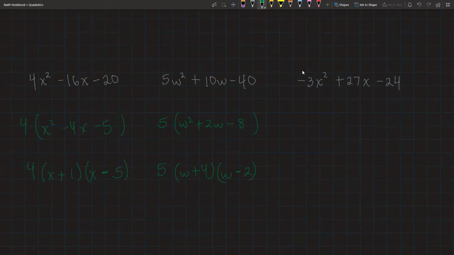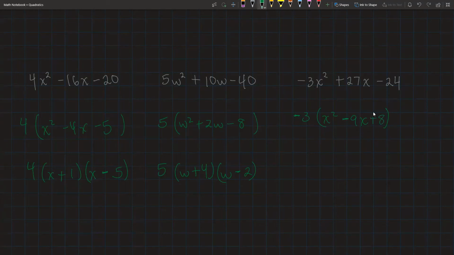And last one, and again, notice this negative. Not only will we factor, it looks like the integer that they have in common is a 3, but we don't just want to factor out a 3. To make this easier for ourselves, we're going to factor out a -3. And then we have x squared. Remember that positive divided by negative is negative 9x. And then negative divided by a negative is +8.